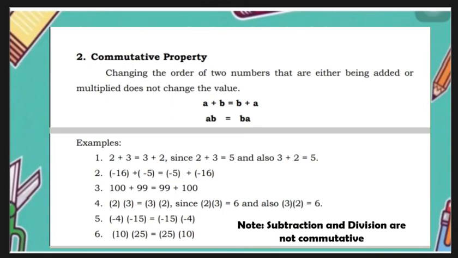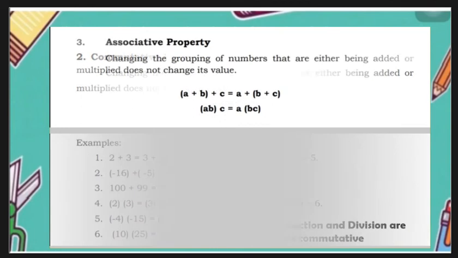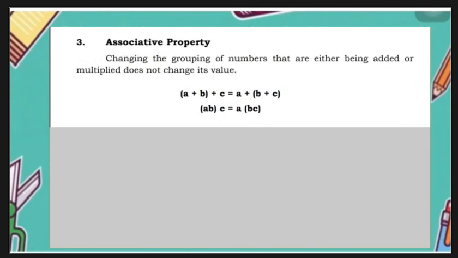Note that subtraction and division are not commutative. Meaning to say, only addition and multiplication are involved in this property. Okay, next. The third one, we have the associative property.